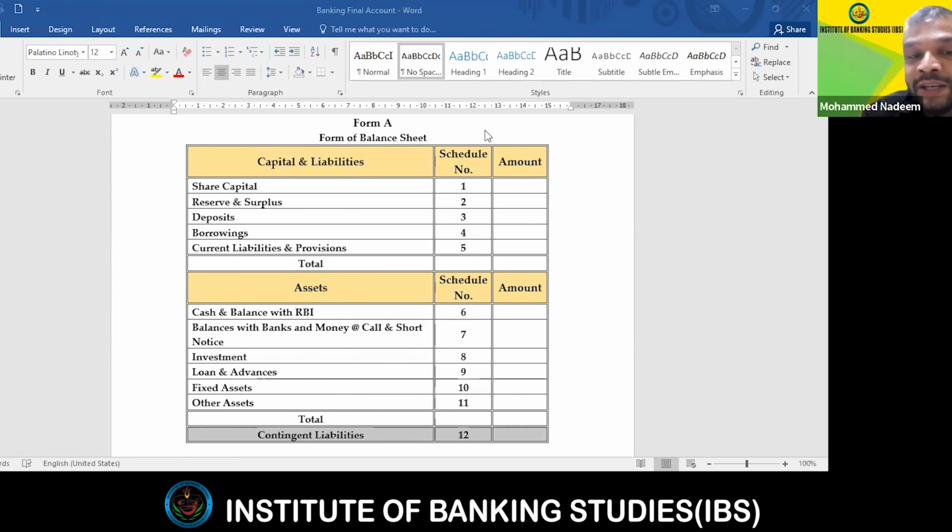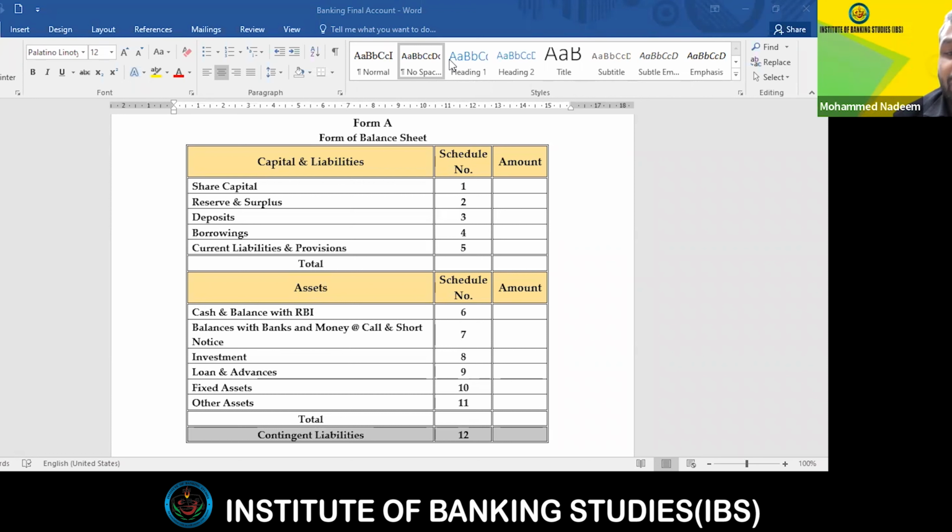And cash is nothing but what cash is left in the bank. That will come under schedule number 6, and balance with RBI is how much money you have kept with the RBI. These two things will be in schedule number 6. Any confusion in this now? No, sir.